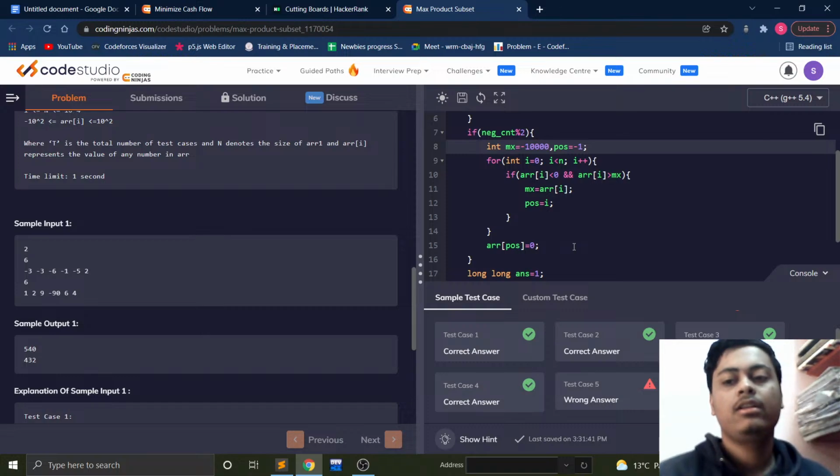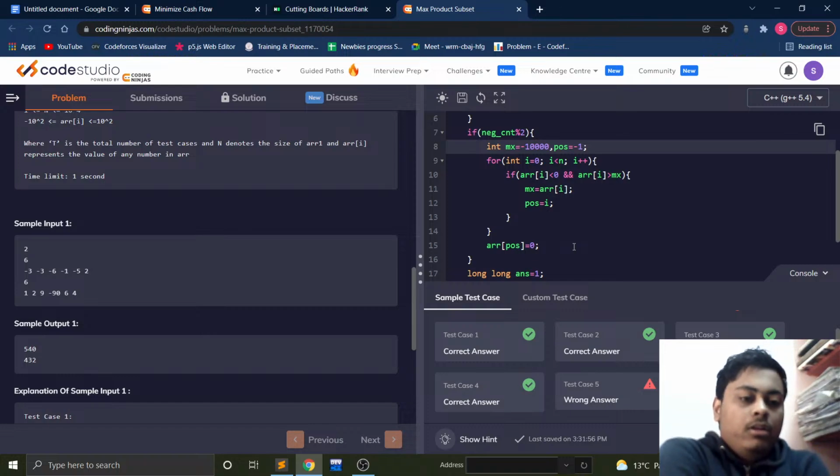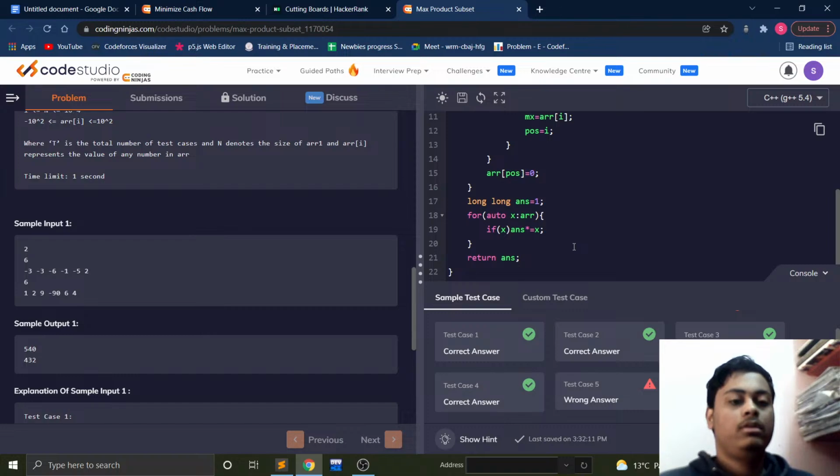If I have an array of size 2 having the elements 0 and 1, or maybe an array of values having all zeros and one negative value, then the answer won't be 1, right? In that case, I'll be remaining with all zeros.